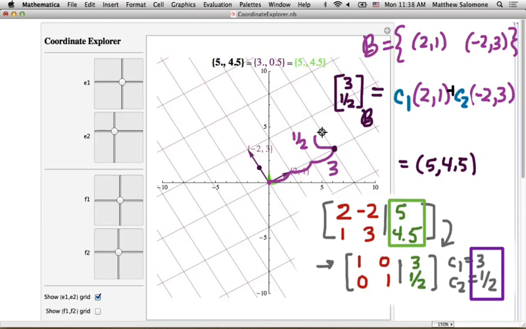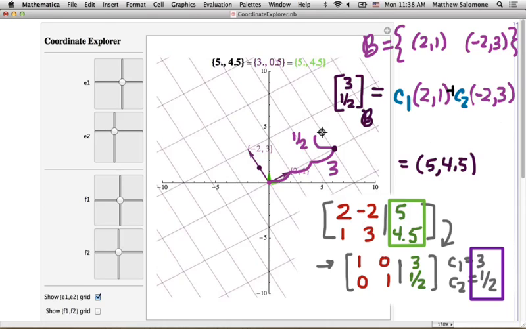Namely, for a given basis, we're always solving the same system of equations. In other words, the matrix on the left-hand side is the same. The only difference is what's on the right-hand side. So all the steps of row reduction are the same for a given basis, which means that we should be able to solve a whole bunch of these systems of equations all at the same time.